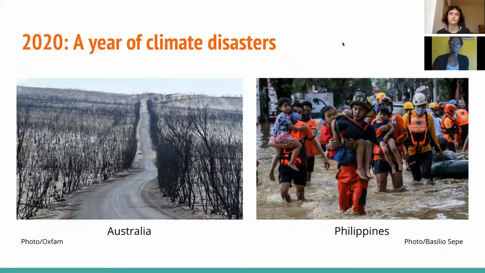And it was noted that 2020 came close to 2016 as one of the hottest years recorded. And we know that the Atlantic hurricane season was one of the most active on record. And that was the reason why we had hurricanes named after the Greek alphabet, because the Latin alphabet was exhausted.